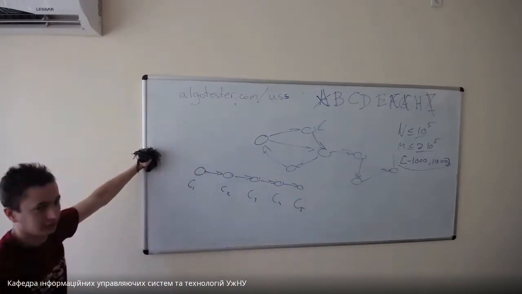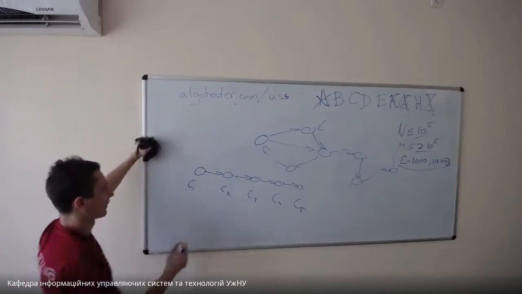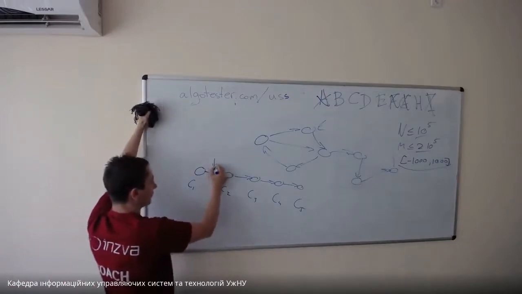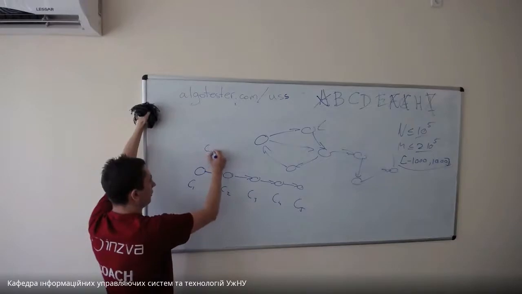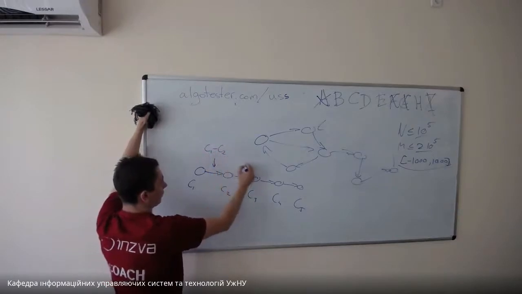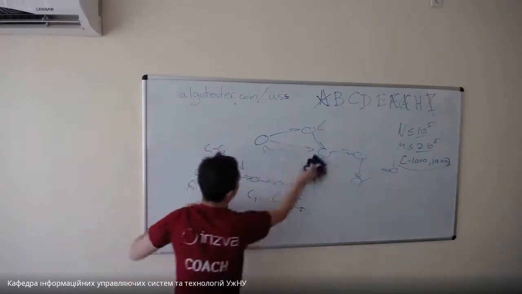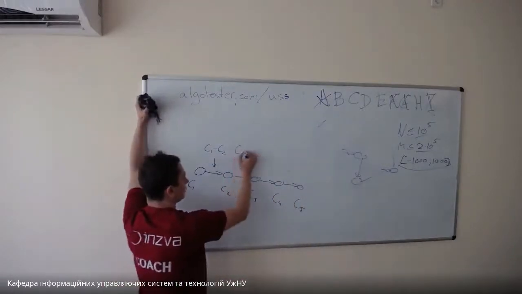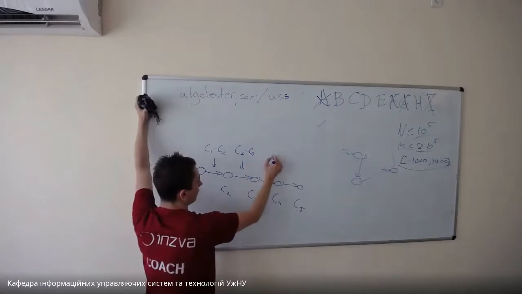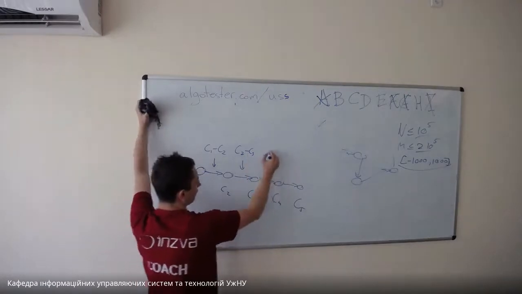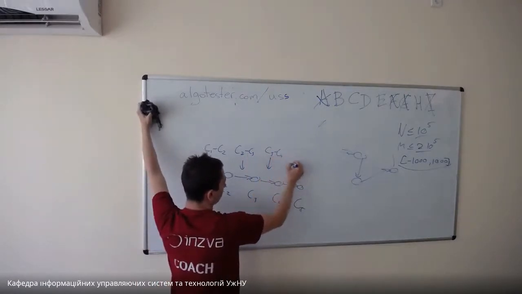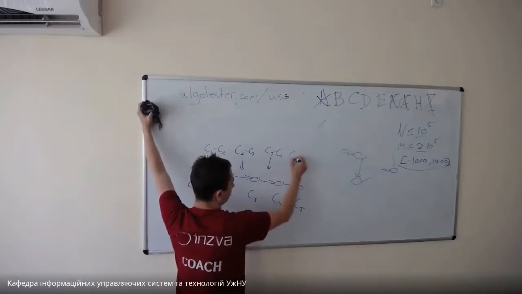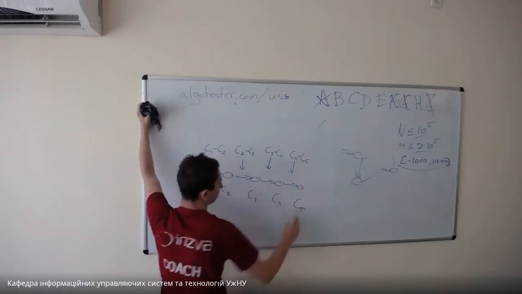Then we assign weight to the edges. The weight of this edge is C1 minus C2. The weight of this edge is C2 minus C3. The weight of this edge is C3 minus C4, and the weight of this edge is C4 minus C5.